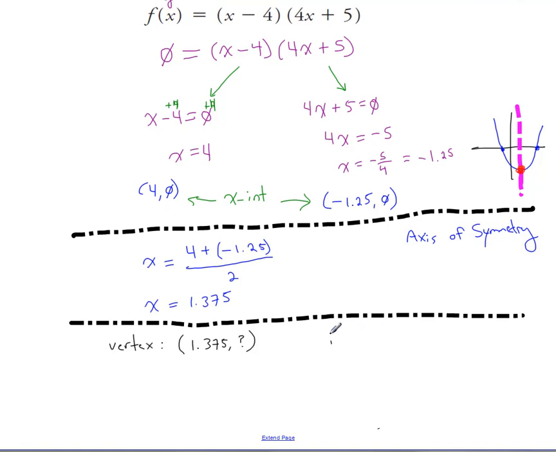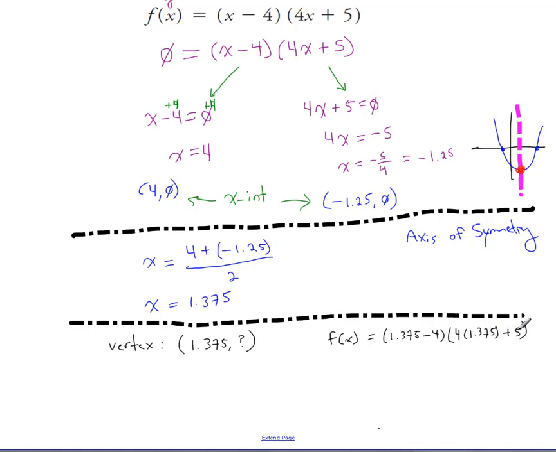So I'm going to say f at x, that's my y value, equals, now instead of x minus 4, I'm going to put in 1.375 minus 4. And instead of 4x plus 5, I'm going to put in 4 times 1.375 plus 5.